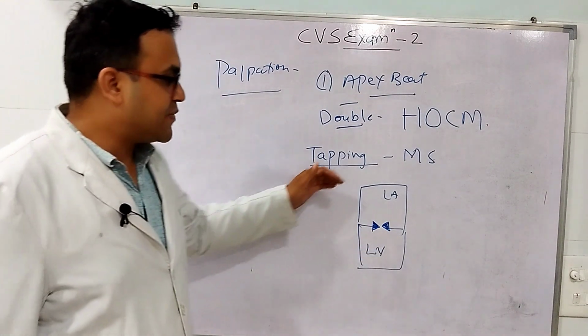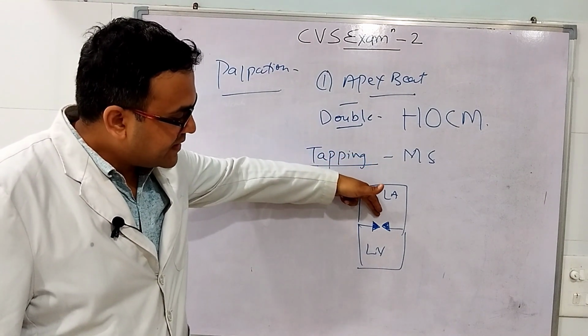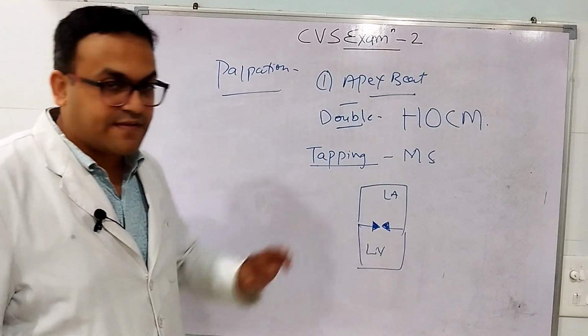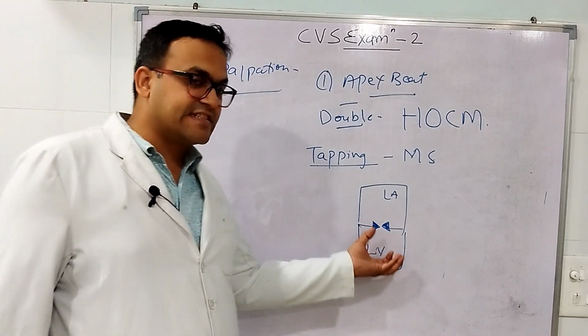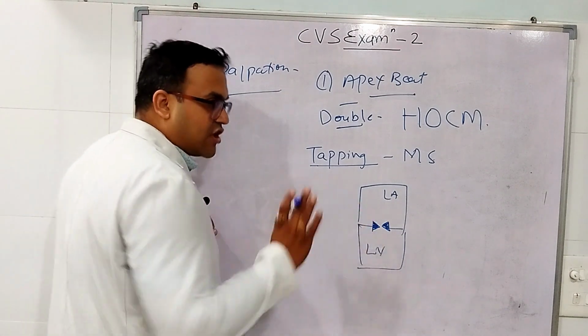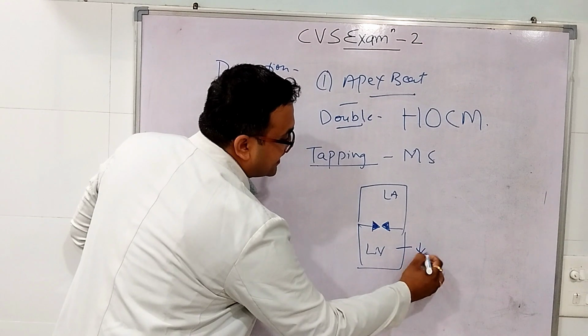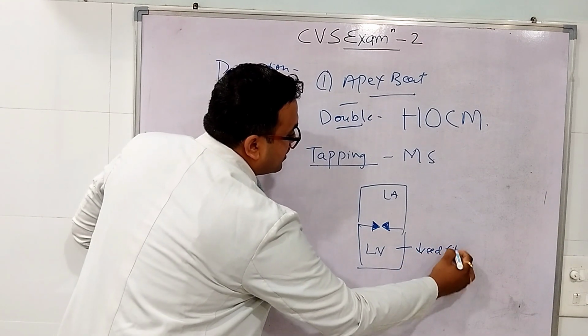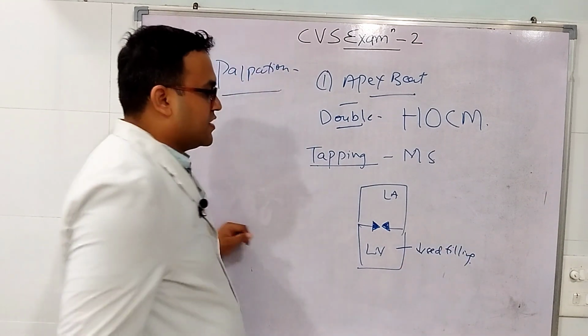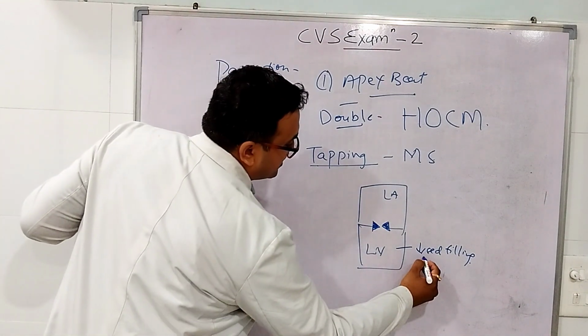So what will happen then? There will be less blood in the left ventricle. There will be decreased filling in the left ventricle. The left ventricle is normal, but because of mitral stenosis, there will be decreased filling of the left ventricle.